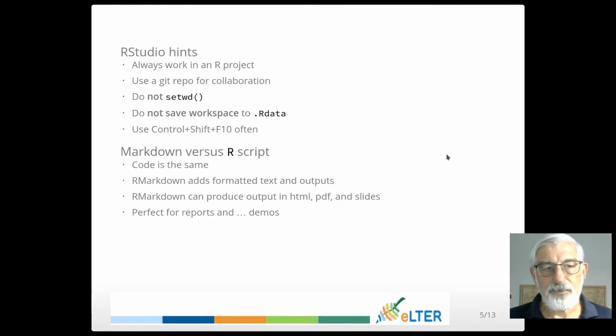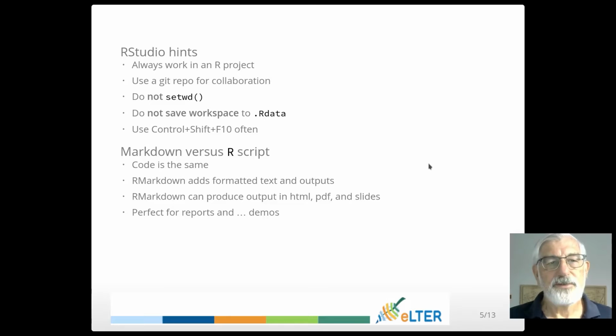A few tips before we begin. It's recommended always in RStudio to start a new R project for each analysis. And it makes perfect sense, if you're working together with other colleagues, to open up a GitHub repository for your work, and then have the R project tied to that Git repository.